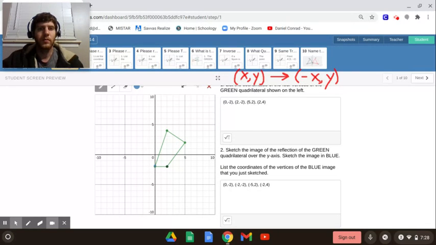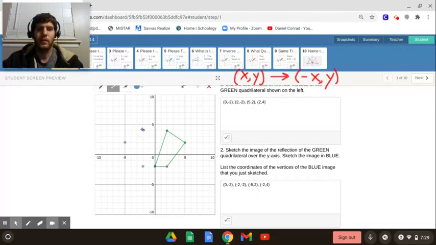The point 2, -2 is 2 to the right of the line of reflection, so we need to go 2 to the left. So that was our -2, -2. The point 5, 2 here is 5 to the right of the line of reflection, so we need to go 5 to the left. So that was our -5, 2. And then the point 2, 4 is 2 to the right, so we need to go 2 to the left. So that was our point -2, 4 there.